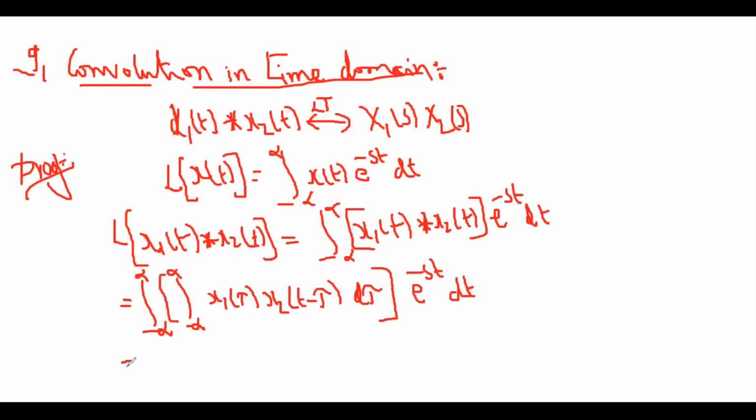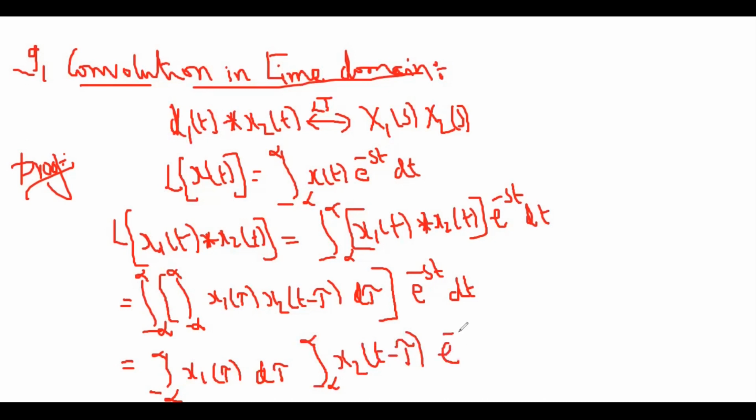Got it? This is equal to the integral from minus infinity to infinity of x1 of tau dtau, and the integral from minus infinity to infinity of x2 of t minus tau, e power minus st dt.